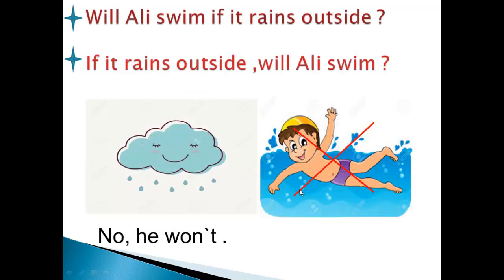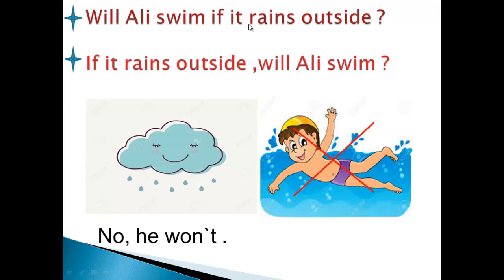Okay, see the pictures here. I gave you two pictures and I will give you two ways to ask the question in the first conditional. So the question is, will Ali swim if it rains outside? This is the question. I start with what? With will, subject Ali, swim, verb 1, if it rains.